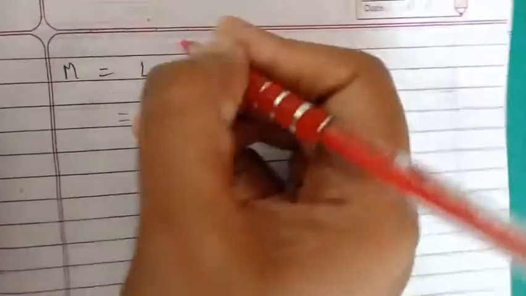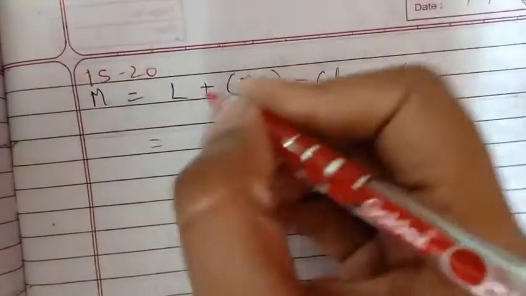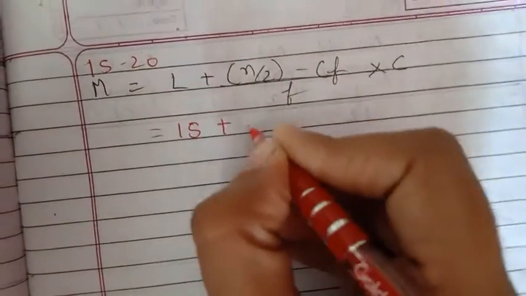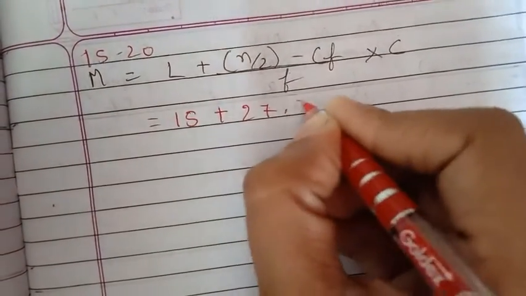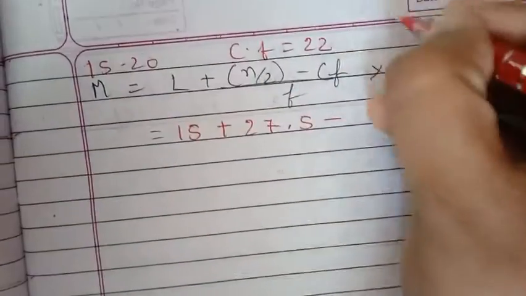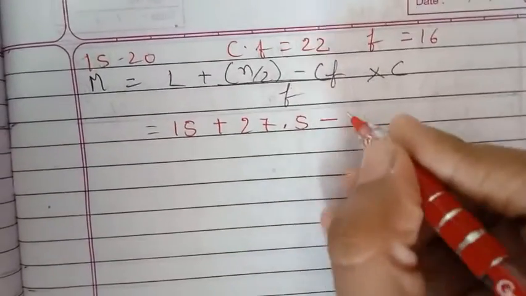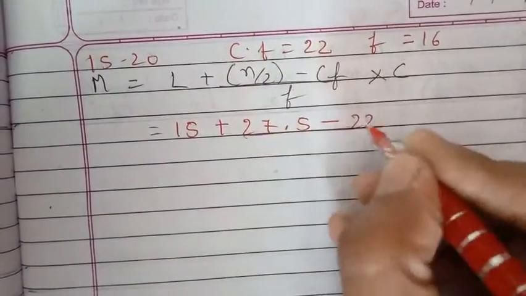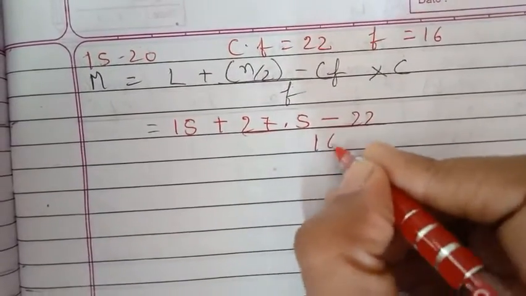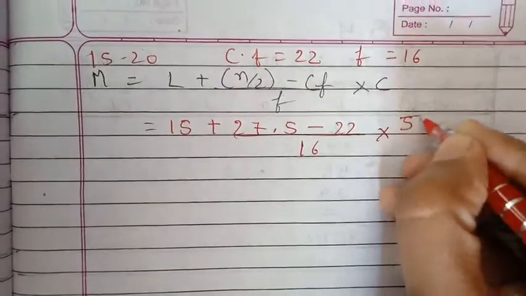All these things we'll write down in our formula. Median, so our class was 15 to 20, so the lower boundary point is 15. N by 2 was 27.5. CF we saw of the previous class, that is 22, and f is 16. So 22 divided by frequency 16, multiplied by C, which is 5.